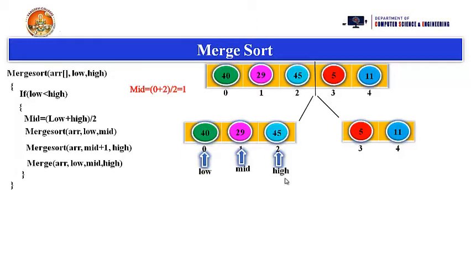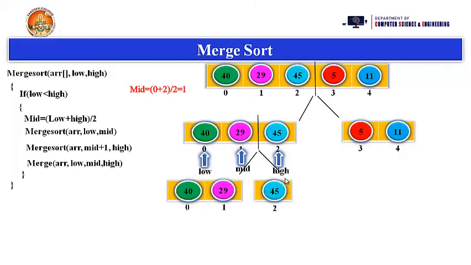Again we need to divide this array. From low to mid we take one subarray, and from mid plus 1 to high another subarray. So these are the subarrays from the above array. Then again we divide this array.